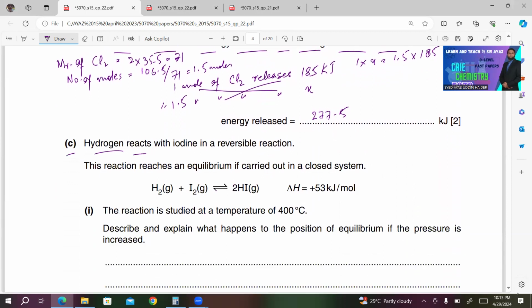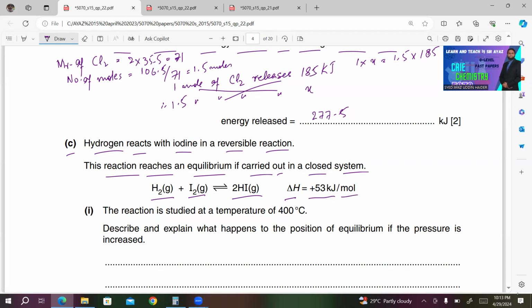C. Hydrogen reacts with iodine in a reversible reaction. This reaction reaches an equilibrium if carried out in a closed system. Here's the reaction: H2(g) plus I2(g), reversible sign, 2HI(g). Delta H is plus 53 kilojoules per mole. Plus means it's endothermic.